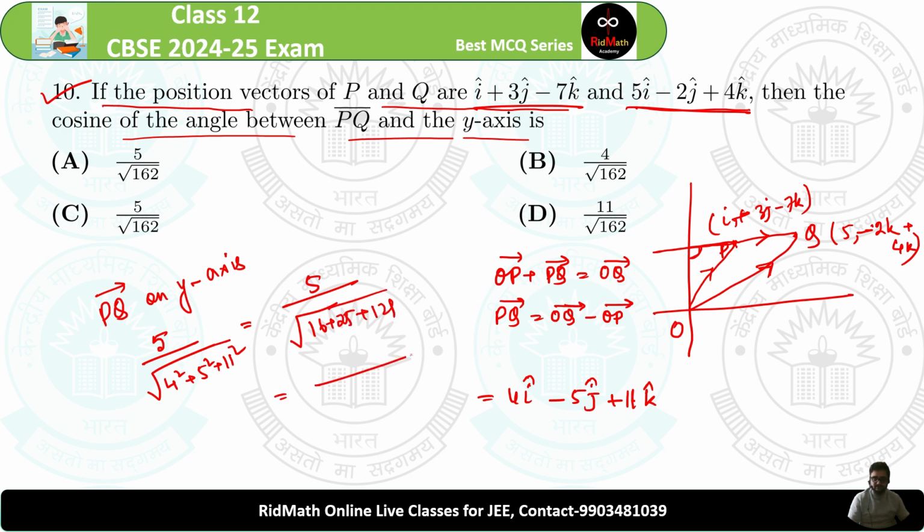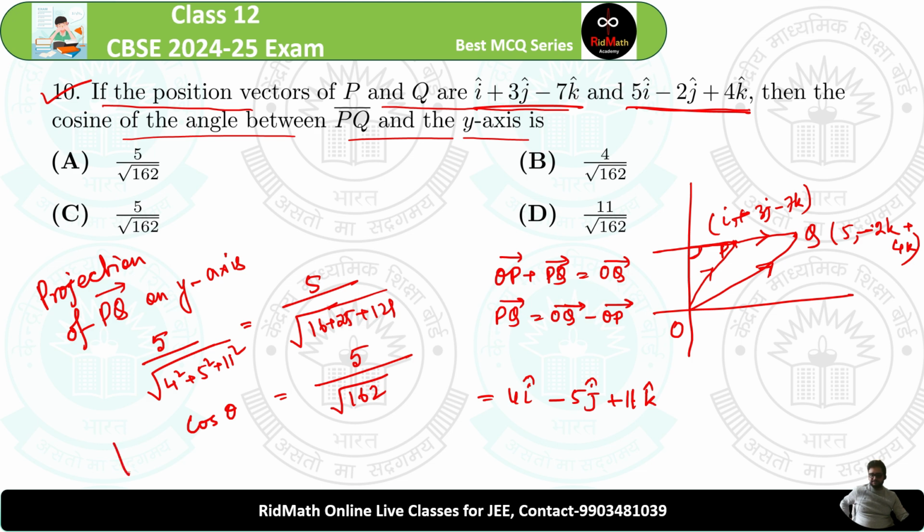That means 5 by root over 162. And now this is cos theta, because this is the projection of PQ on the y-axis.